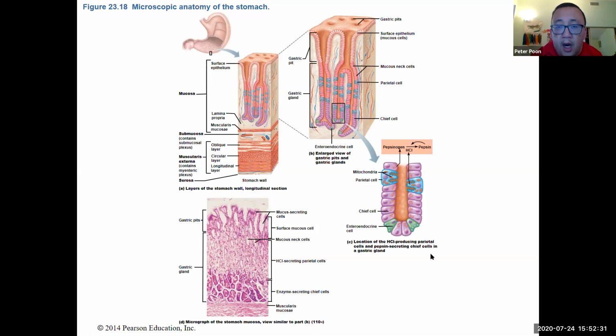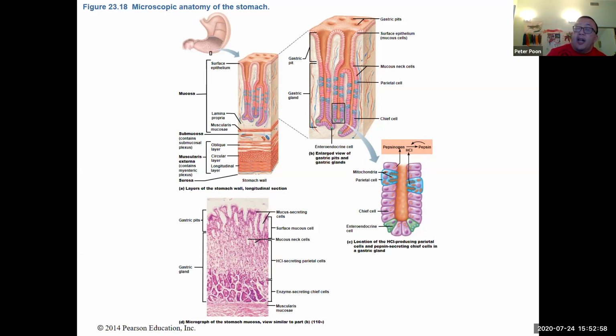There are two types of cells that are important here: chief cells and parietal cells. Chief cells produce pepsinogen. Pepsinogen is a type of pepsin, but it is inactive. Pepsinogen literally means pepsin generating.